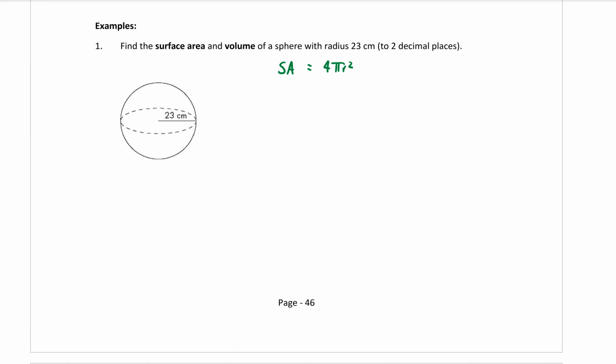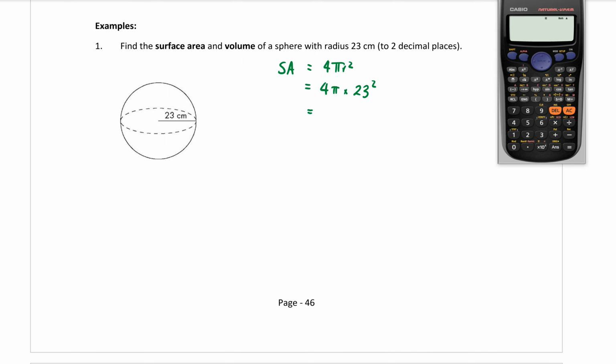Thank you. All I need to do, the radius is the only measurement that you ever need for a sphere. So all I need to do is substitute in that the r is 23. So it is 4 pi times 23 squared. And then you just type it in your calculator. 4 pi times 23 squared.